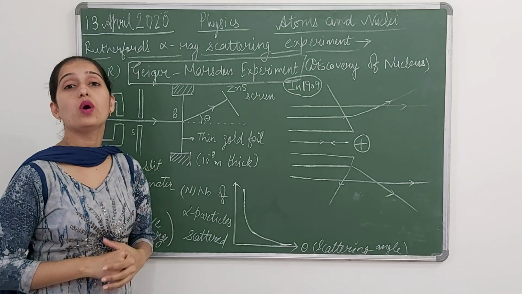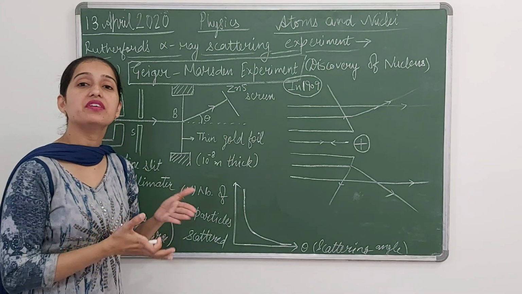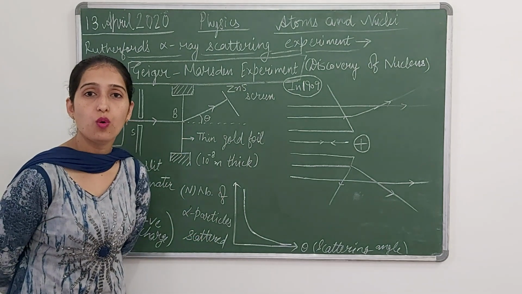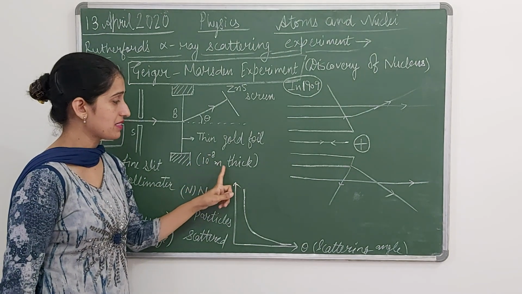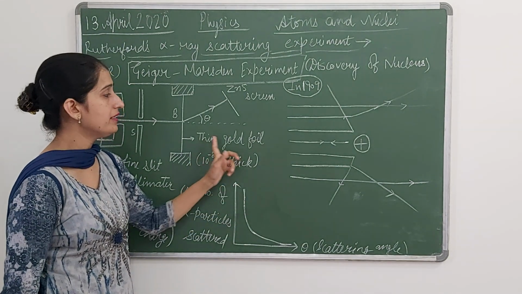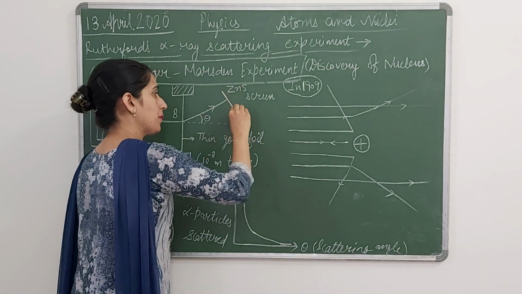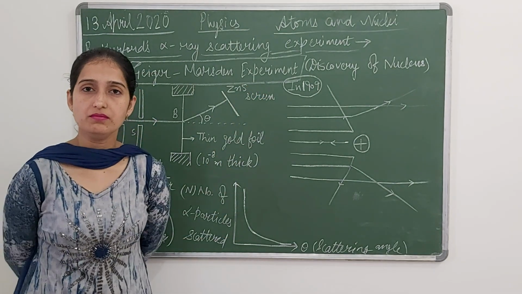You know the quality of metals. They can be converted into thin sheets. That's why we are using gold foil here, whose thickness is 10 to the power minus 8 meter, a thin gold foil. And here we have a zinc sulfide screen.